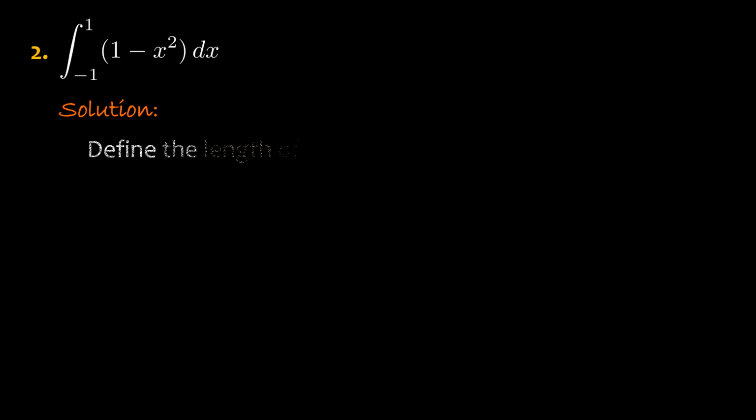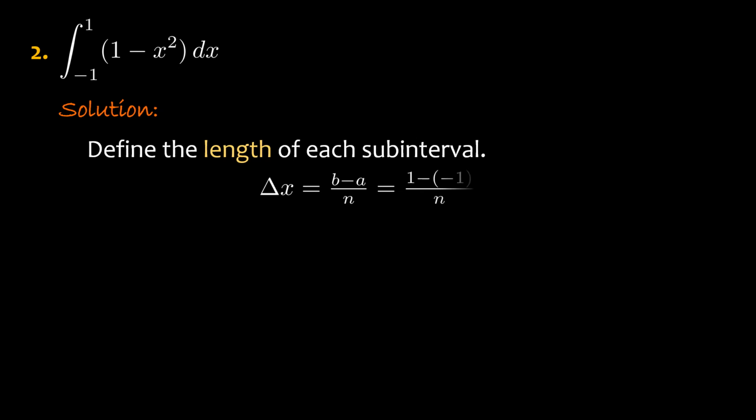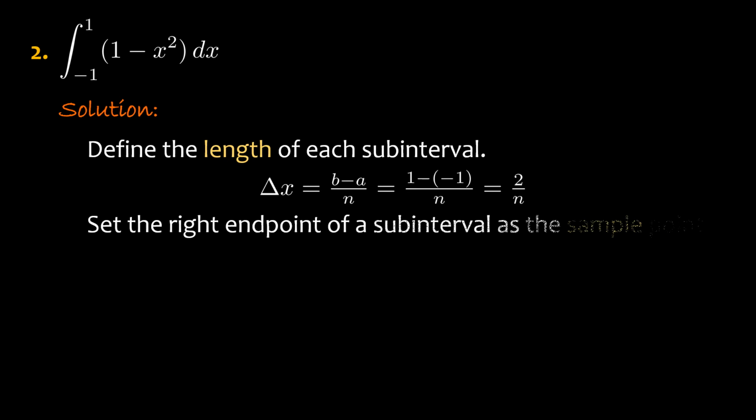Number 2. The integral of quantity 1 minus x squared dx from -1 to 1. Solution. Define the length of each subinterval. Set the right endpoint of a subinterval as the sample point xi*.